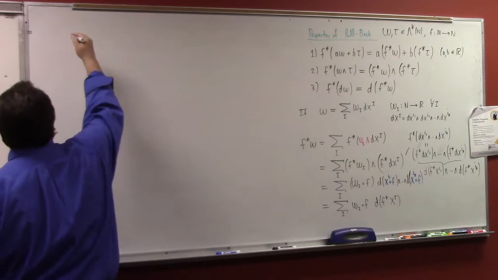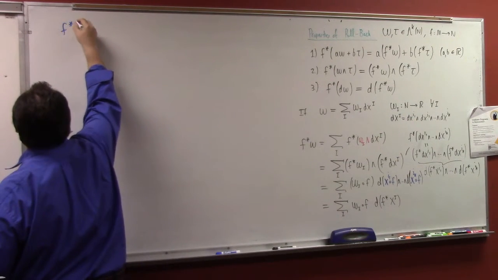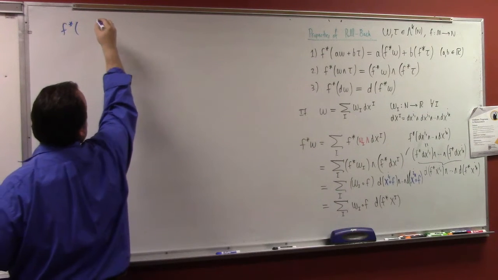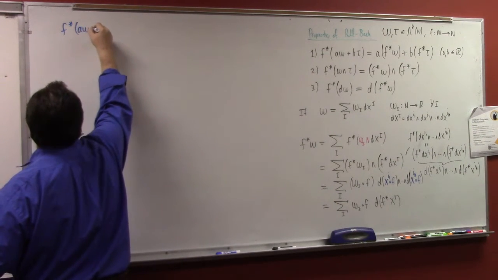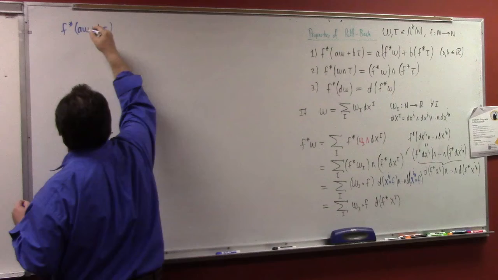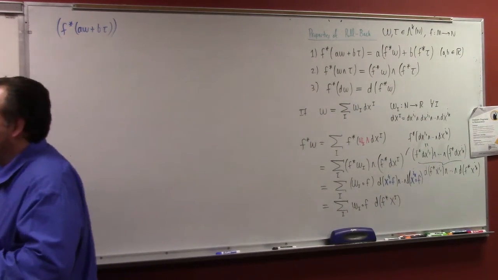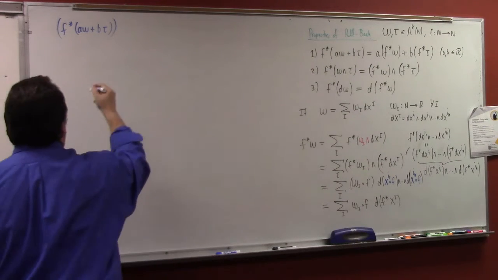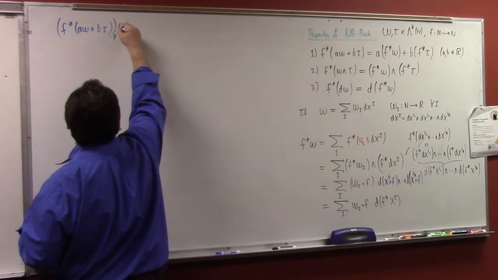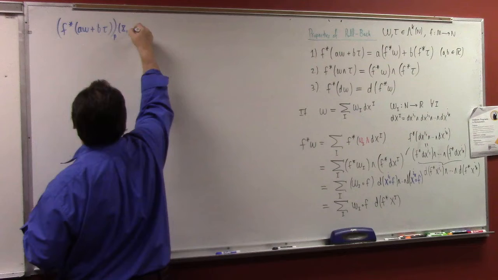This will be a good warm up for the next one. Pullback of A omega plus B tau. We'd have to let that act on what? At the point P, right? And it eats what? It eats the K tuple of vectors, right?